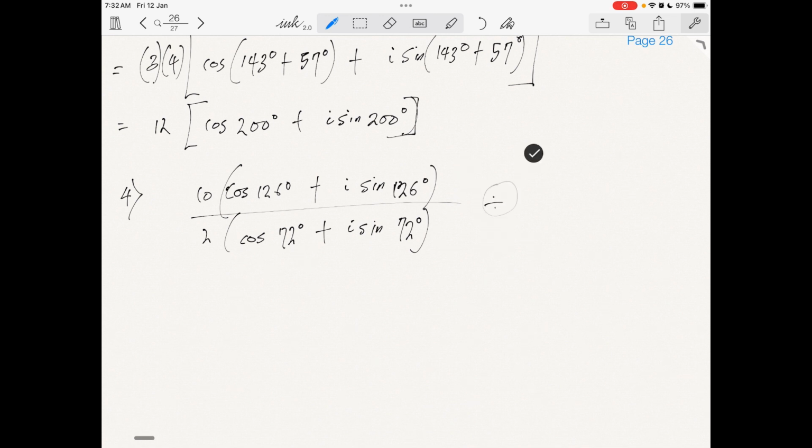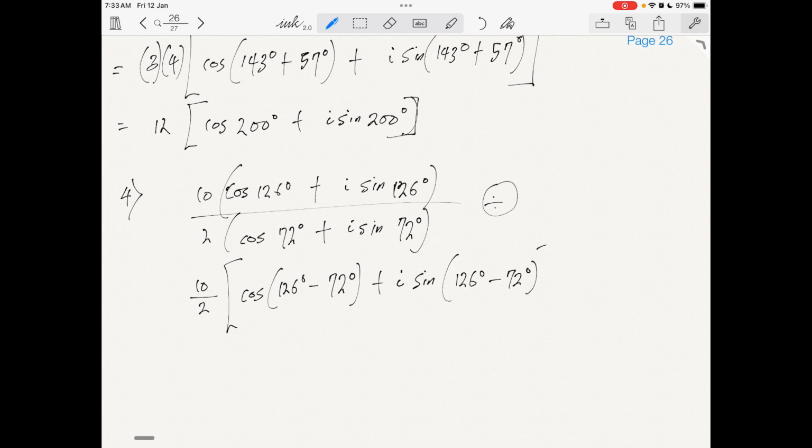And in division, we divide the modulus and subtract the angles. So this will give us 10 divided by 2. Subtracting the angles, we have 126 degrees minus 72 degrees plus I sine 126 degrees minus 72 degrees. So in essence, this is going to give us 5 cos 54 degrees plus I sine 54 degrees.